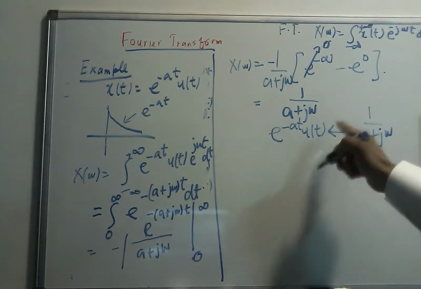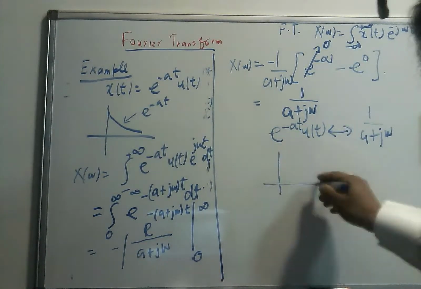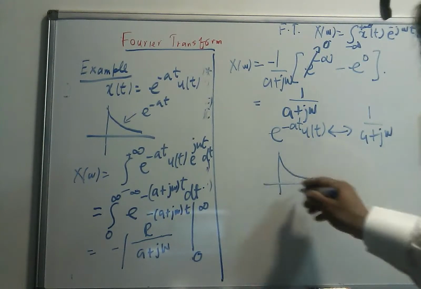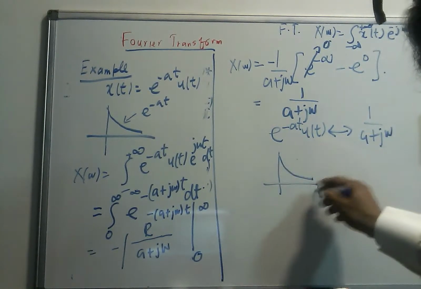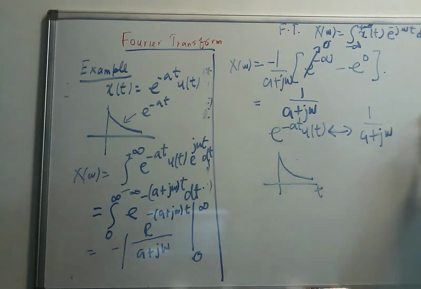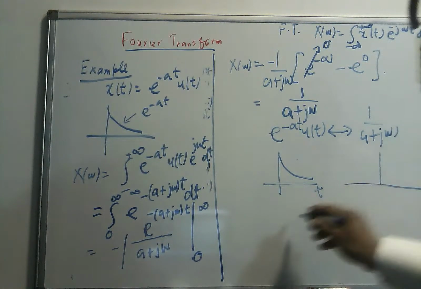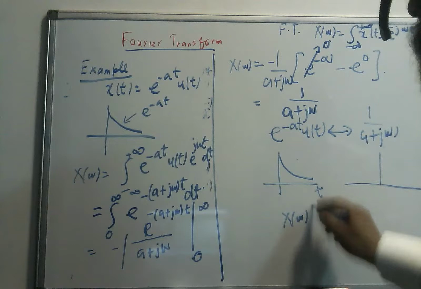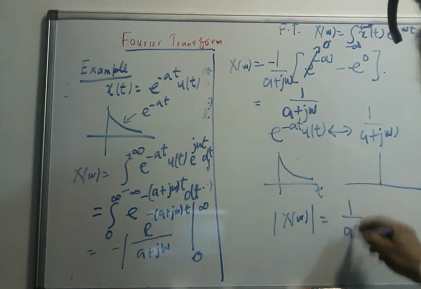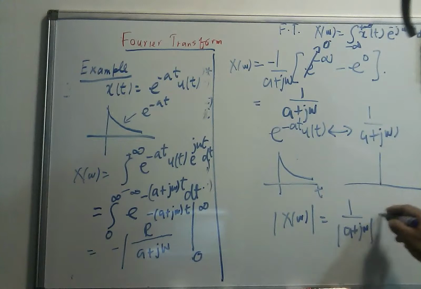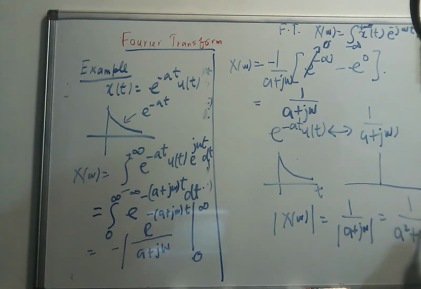Now the last step is to draw the two domains. So this is in time domain x of t, and in frequency domain it is a complex number, so it has magnitude and phase. I can just draw the magnitude. The magnitude of x of omega is the magnitude of 1 over a plus j omega, and that is equal to 1 over the square root of a square plus omega square.